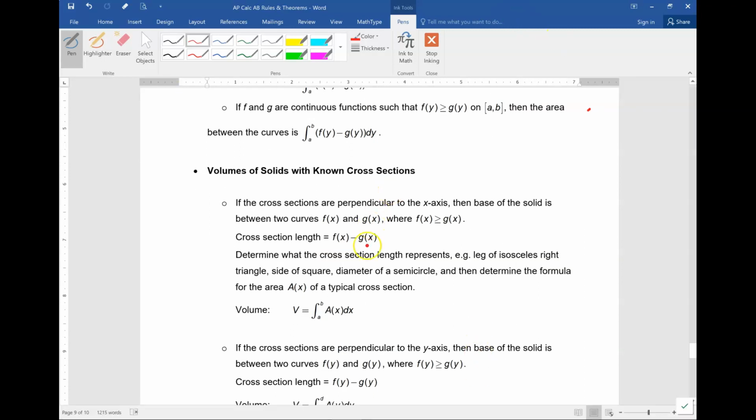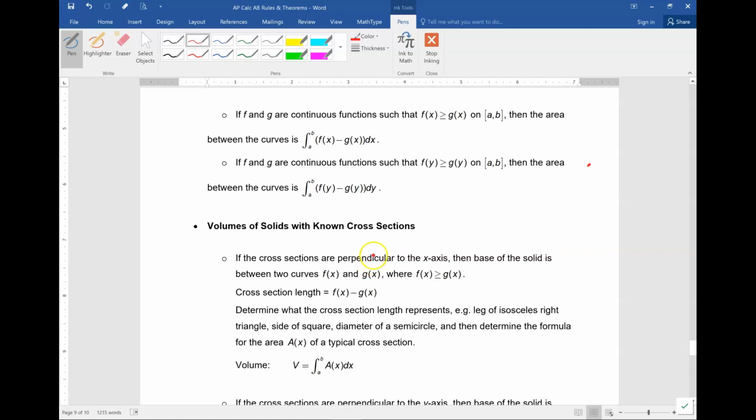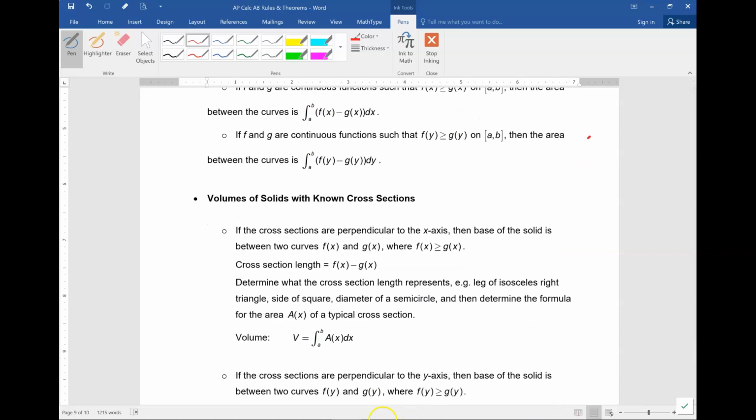Okay, so let's talk about volume. If you have cross sections, the process is, find area. Determine the formula for the area.